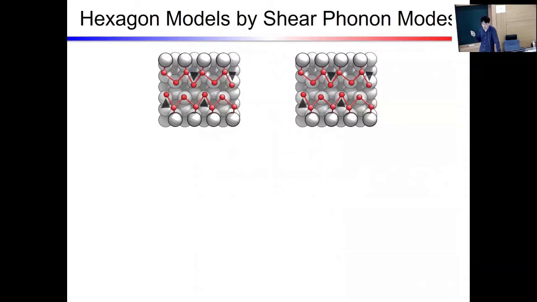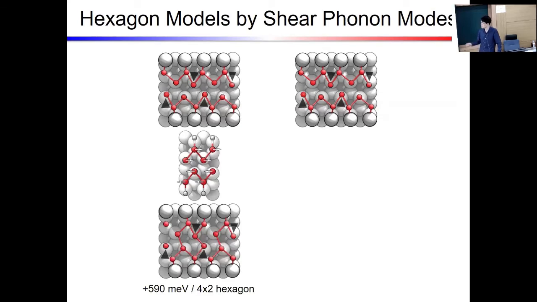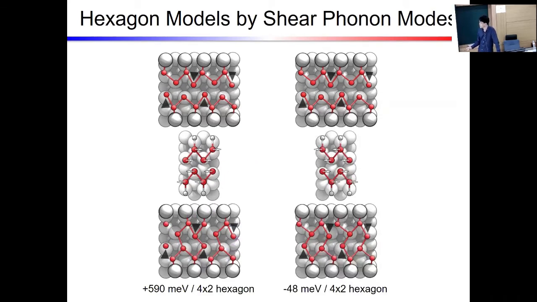Then, given one trimodal, there are 2 identical, so we have 2 choices of shear phonon mode. One direction makes this one, the other direction makes this one. But as you can see here, the shape is different, and their energy is also very different. So this is a stable form. This has a very high formation energy, so it's not allowed.